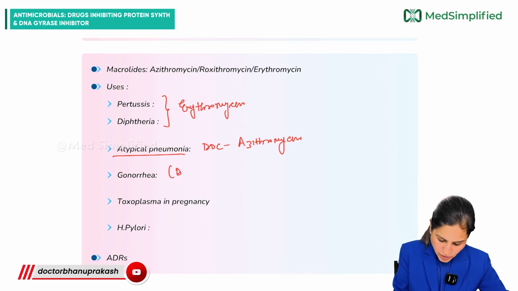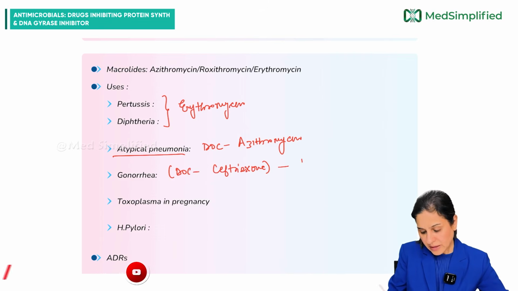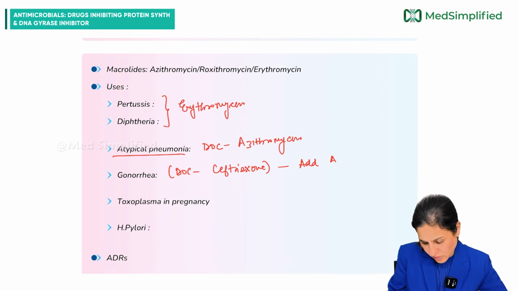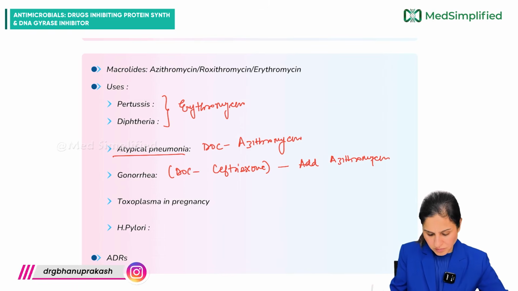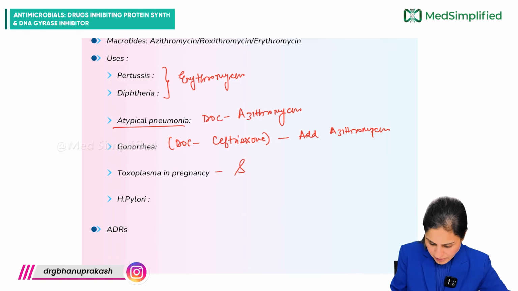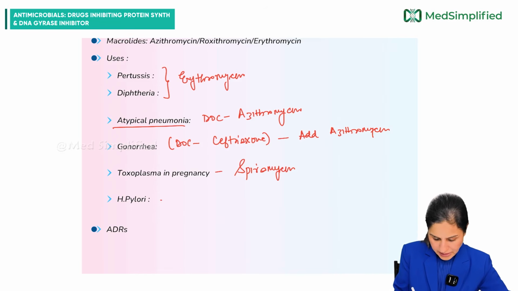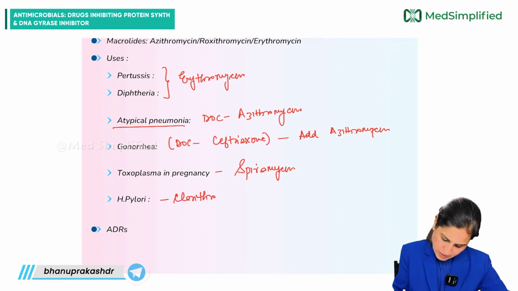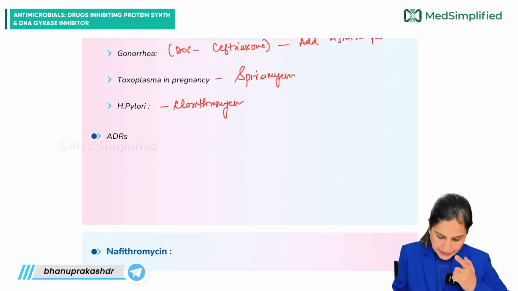Gonorrhea, the drug of choice is ceftriaxone, but we can add azithromycin. Toxoplasmosis in case of pregnancy, we use spiramycin. H. pylori, we use clarithromycin.